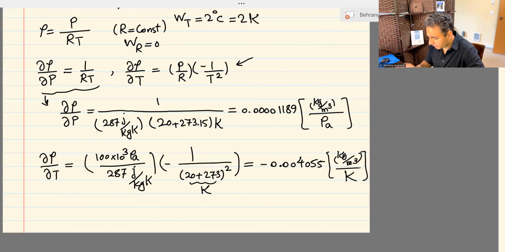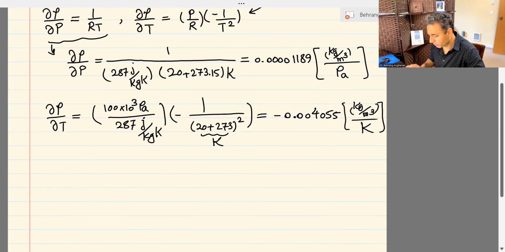Now I want to calculate the uncertainty propagation for density.